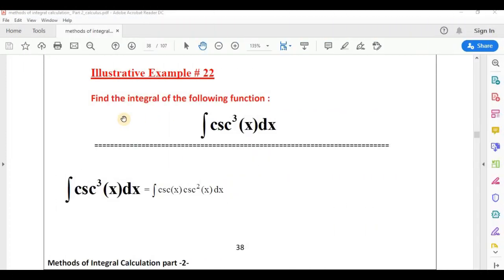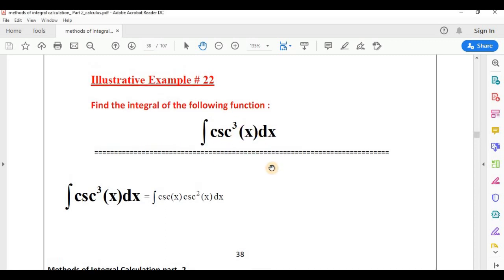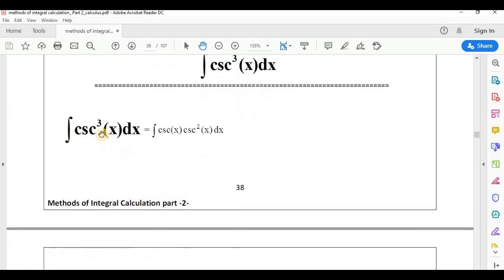Let's see another example. Find the integral of the following function. We have the integral of cosec to the power 3 x dx. How will we solve it? As we notice here, we have an odd power, so the solution will be by using integration by parts. What we will do, we have odd power 3, we withdraw 1, we get 2.